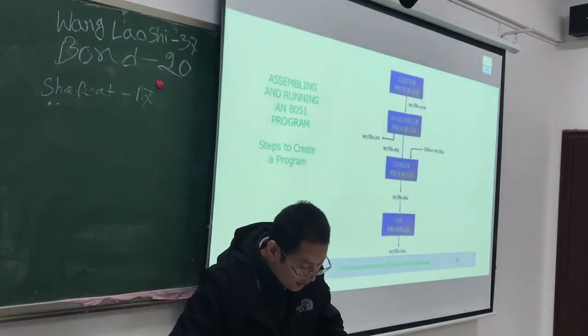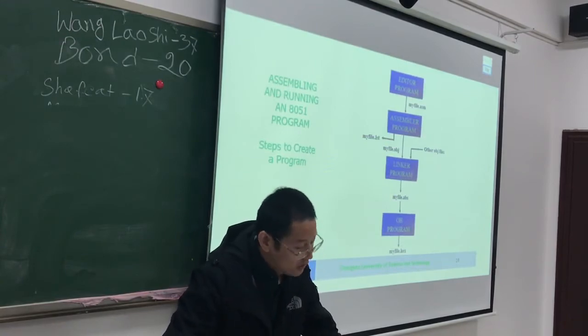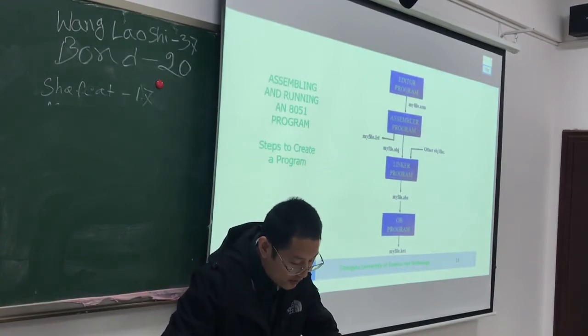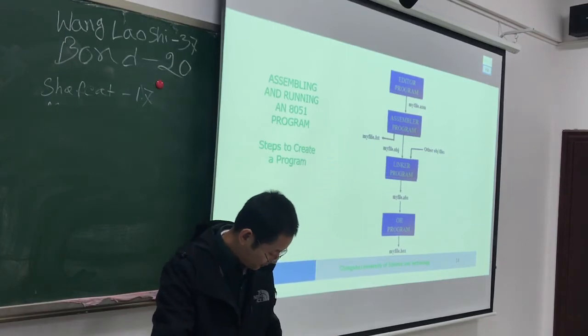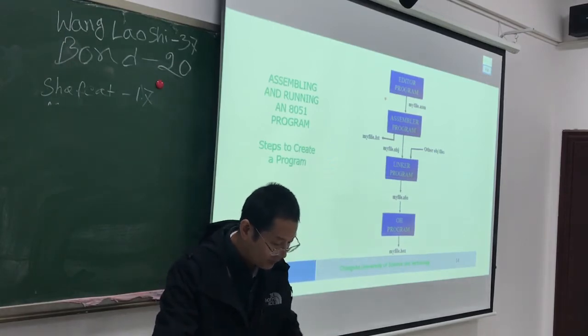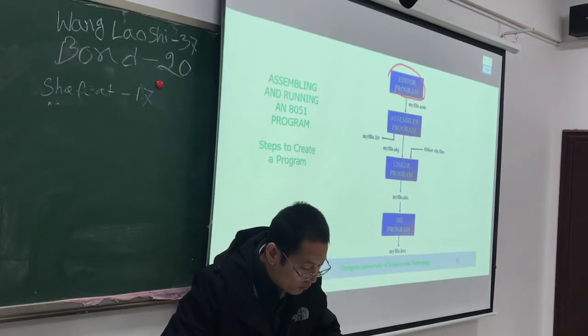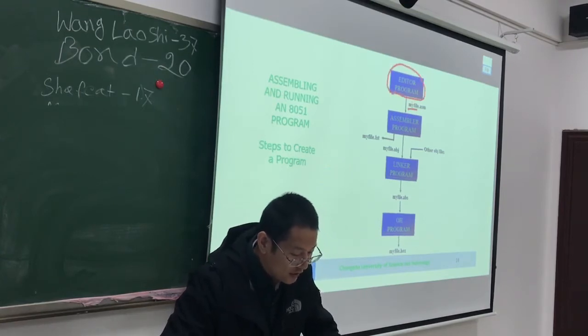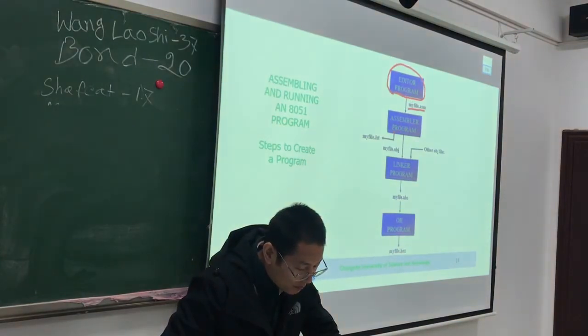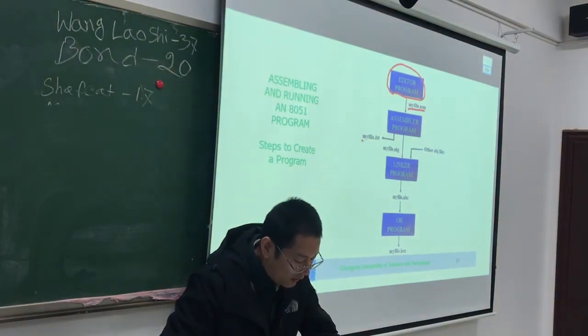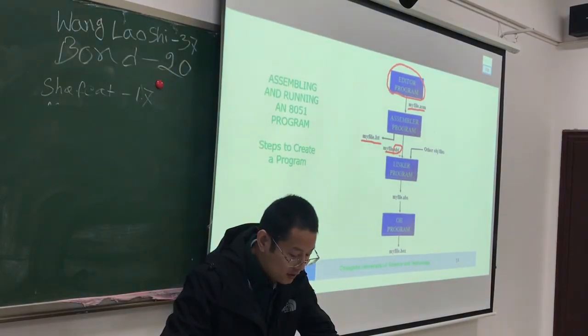This figure shows the process. With the editor program, we can get the ASM file. With the assembler program, we get the list files and object files.